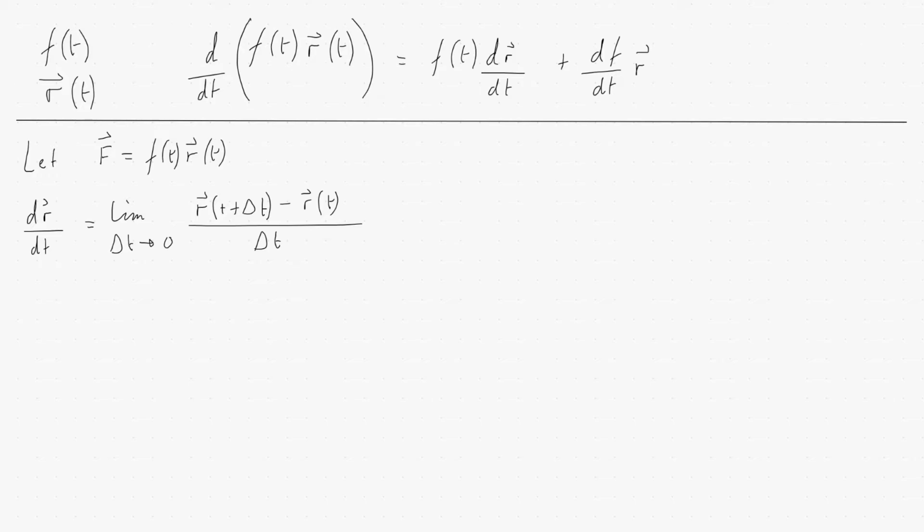This is the usual definition of the derivative, but we're going to be applying it to our new vector F in this case. And this is what's going to form the basis of the proof.